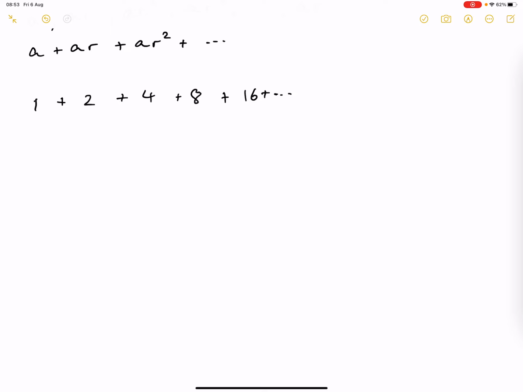So what we're going to do now is work out a more general formula to work out the sum to n of a geometric series.